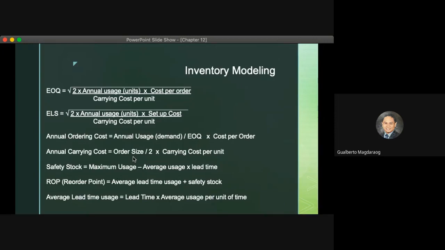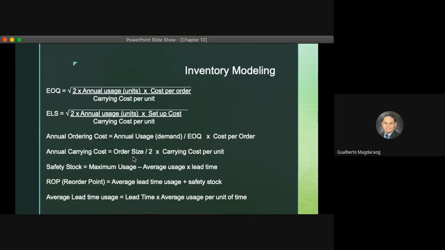And then with that formula, we can also compute for the total annual ordering cost and the total carrying cost, which is expected to be equal at EOQ level. The total ordering cost and the total carrying cost is the same at EOQ level.